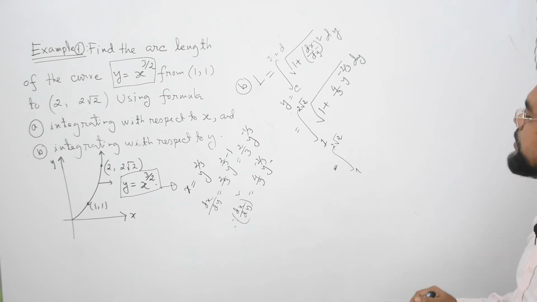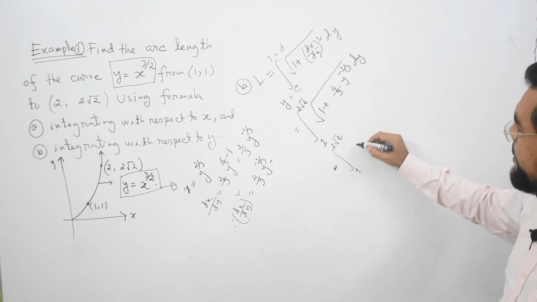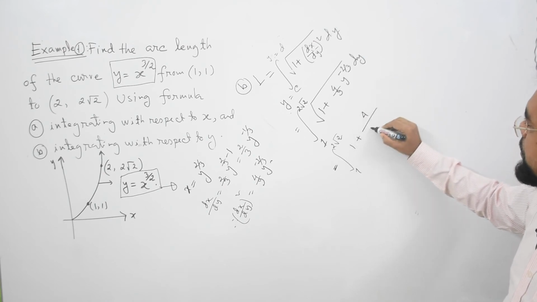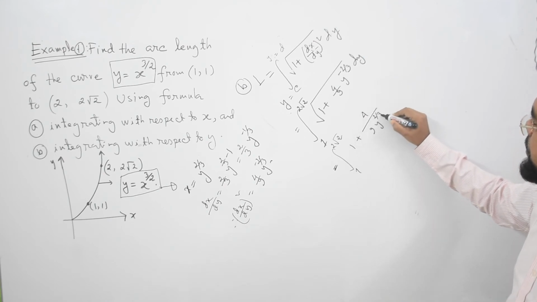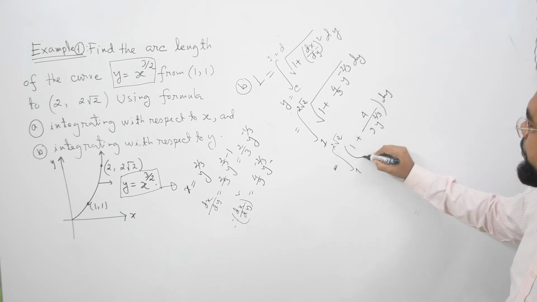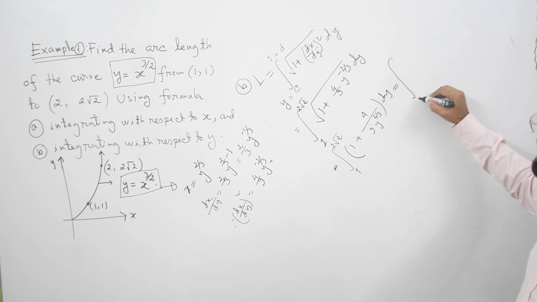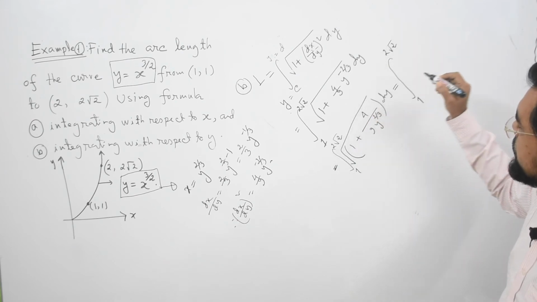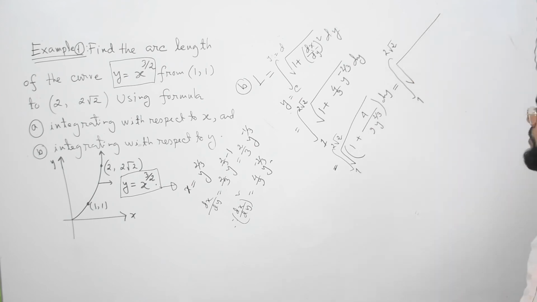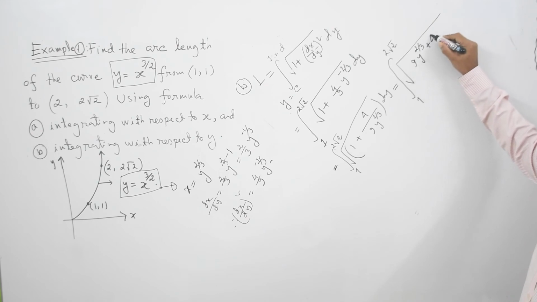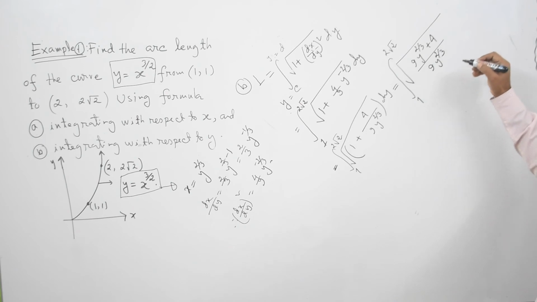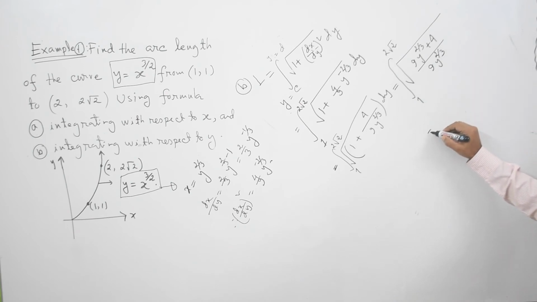If you simplify it, it will be the integral from 1 to 2√2 of the square root of (9y to the power 2/3 plus 4) divided by 9y to the power 2/3, dy.